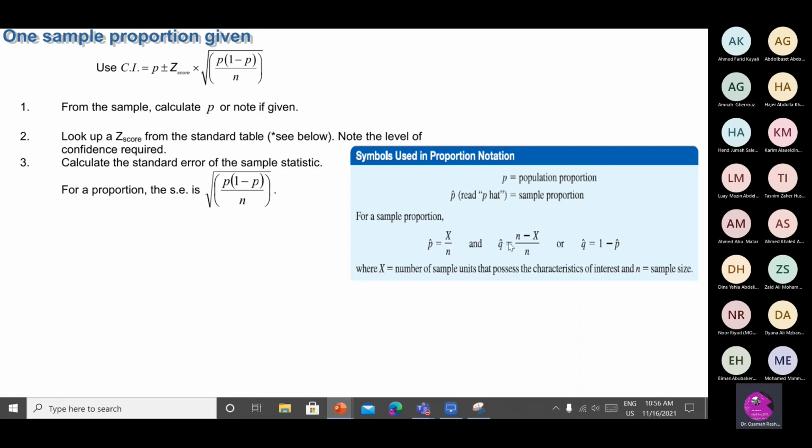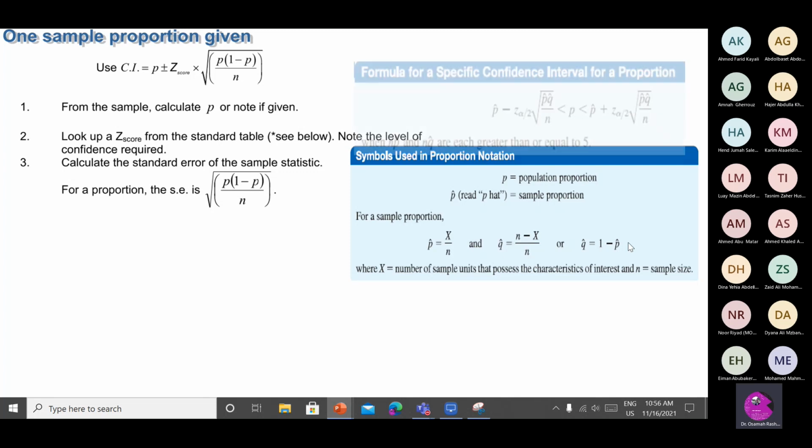No need for Q hat because Q hat is 1 minus P. If you are looking for the probability of something, the opposite of this event will be Q, and the total of the probability is 1, so Q hat will be 1 minus P.